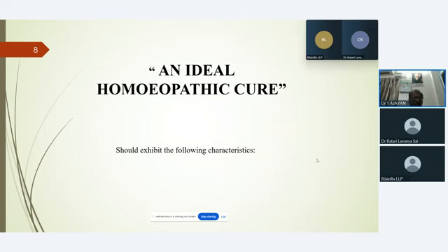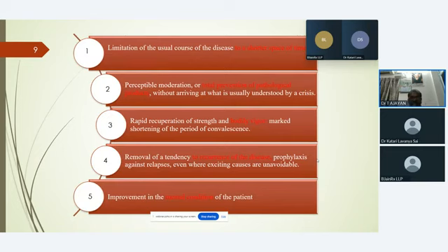Especially when an acute disease is curing, it will show at least 5 qualities. The first one is the limitation of the usual course of the disease. The second one is perceptible moderation, that means the patient has a full arrest of the pathological products. The third one is rapid recuperation of strength.